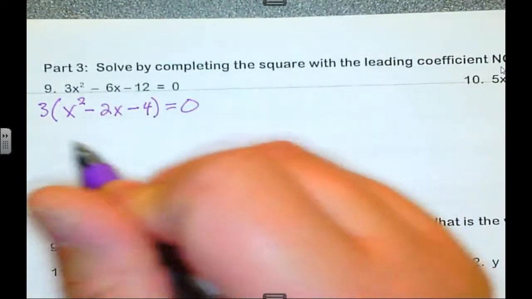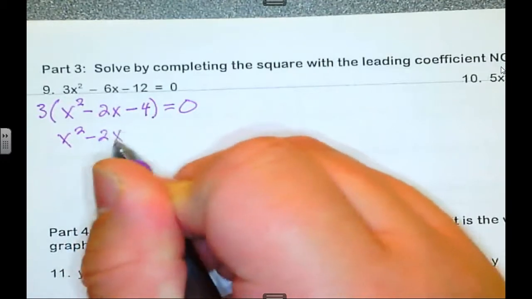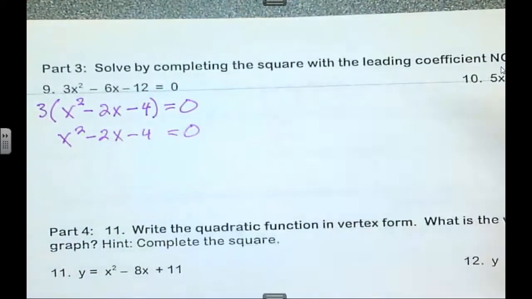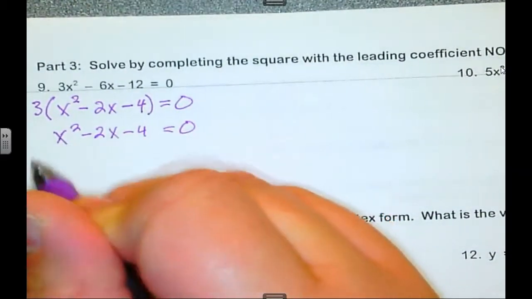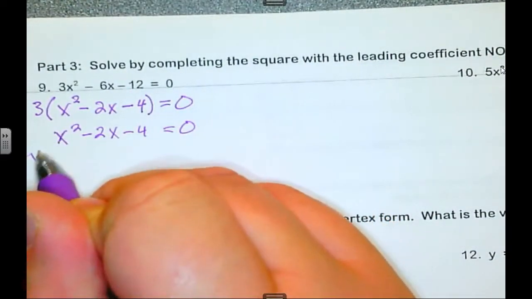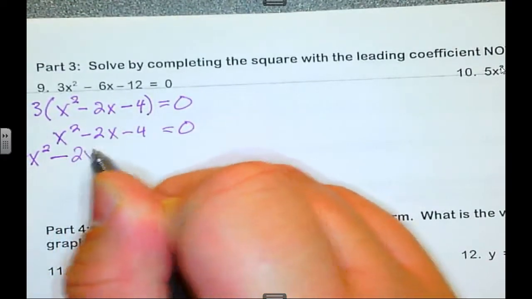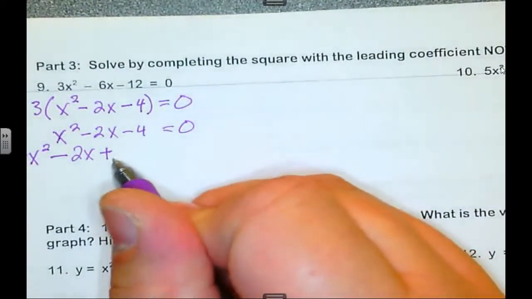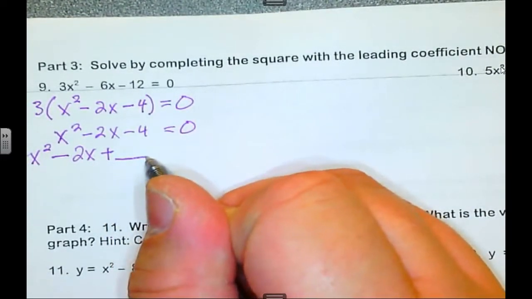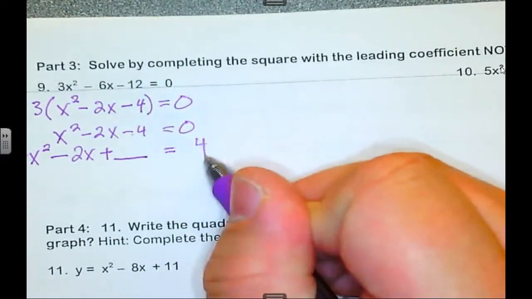Divide both sides by 3. x squared minus 2x minus 4 equals 0. Now that my coefficient is 1, I have x squared minus 2x. Guys, quiet down. Plus, I'm going to make it a perfect square trinomial. I'm going to add 4 to both sides.